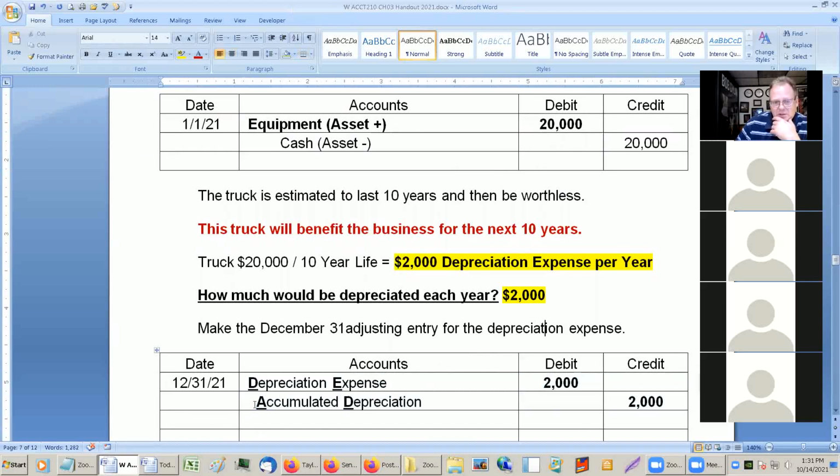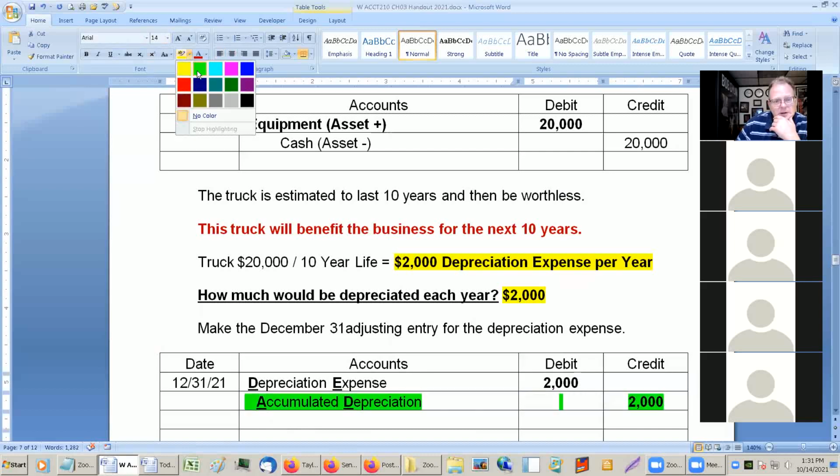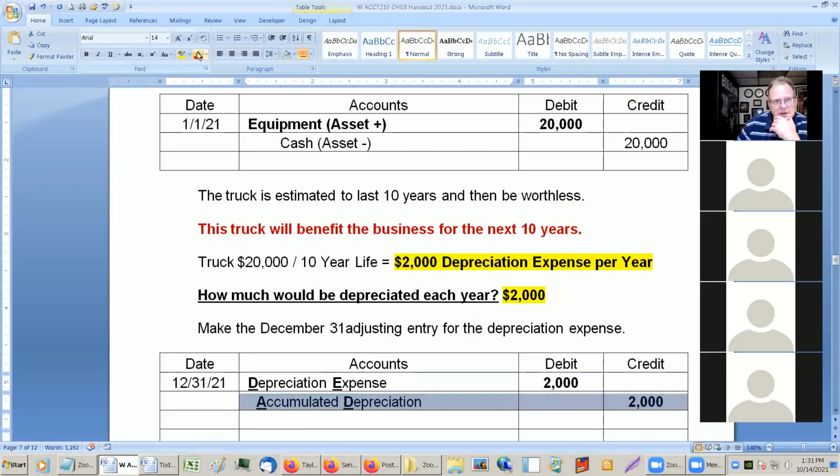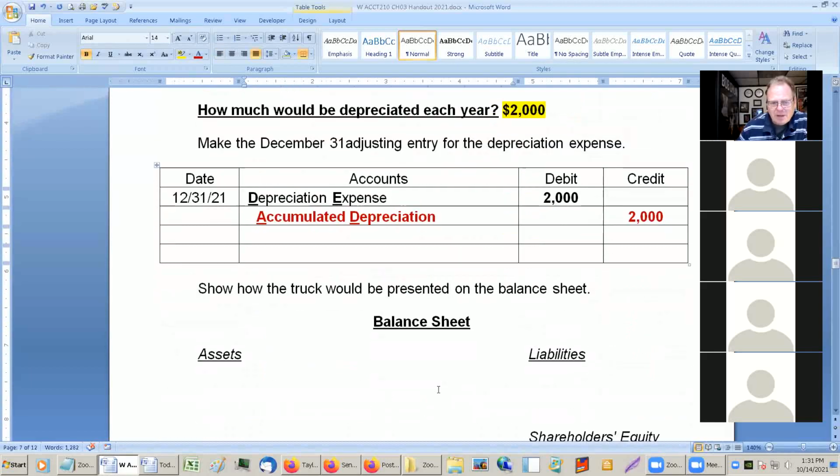These two accounts will go together for the next 10 years. And I know it's strange, this is a contra account to this, but that's just the way we do it. I'll show you why in a minute.